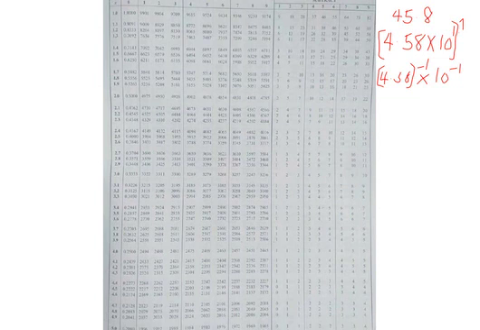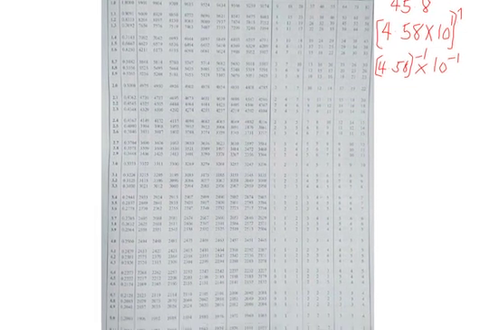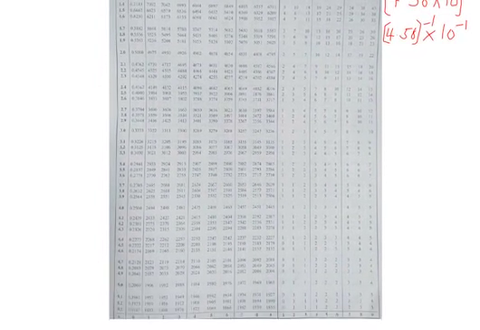We take the powers and we multiply them. So we check the reciprocal of 4.58 from the table. The first two digits, 4.5, should be on the X column. So we have 4.5, which is right here. We are supposed to read through that row. We go to the column which is labeled 8.